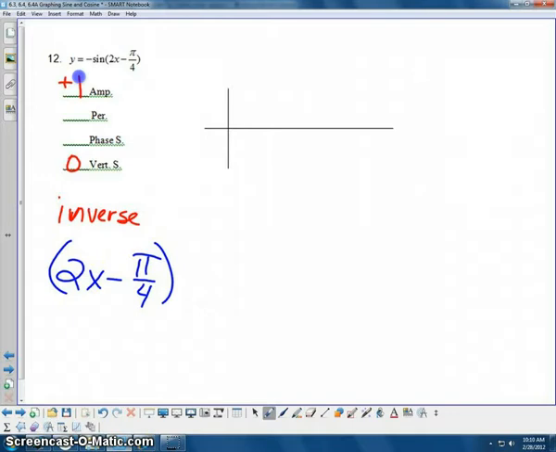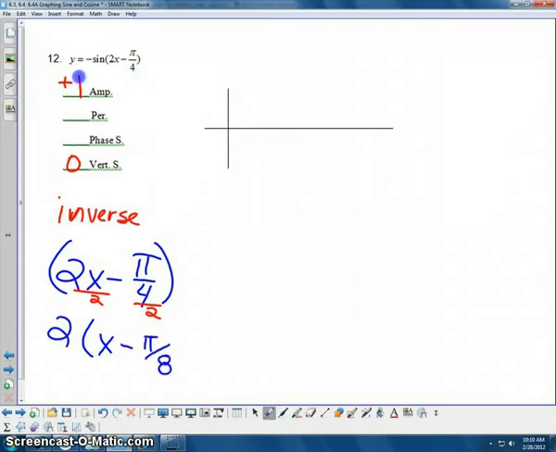So if I factored out the 2 here, what would I have left? When you factor out the 2, just to remind you, what you're really doing is you're dividing by 2. What is pi over 4 divided by 2? All right? It's actually pi over 8.